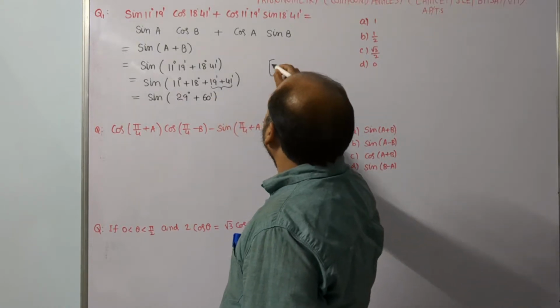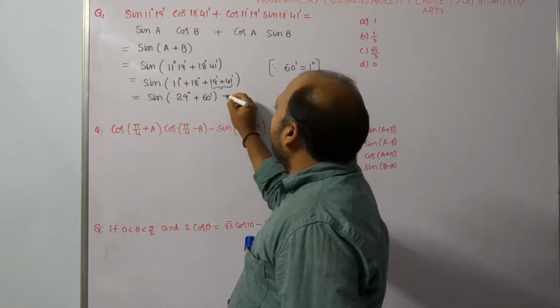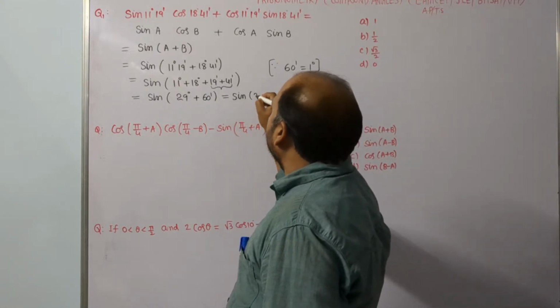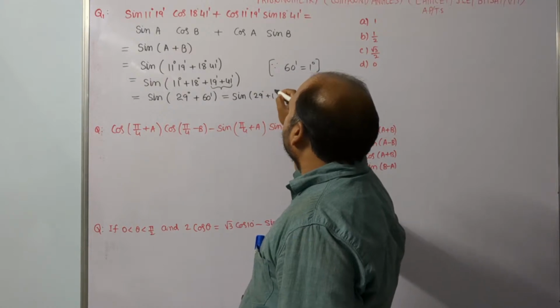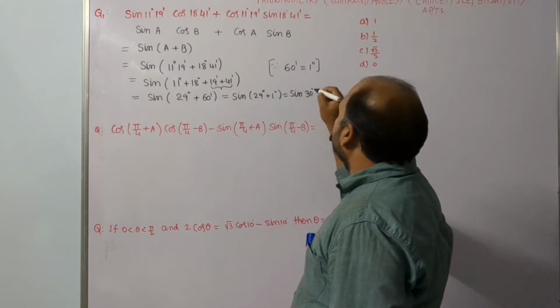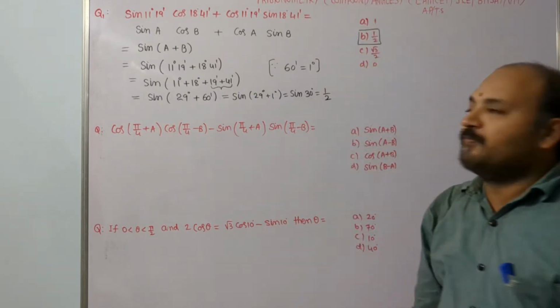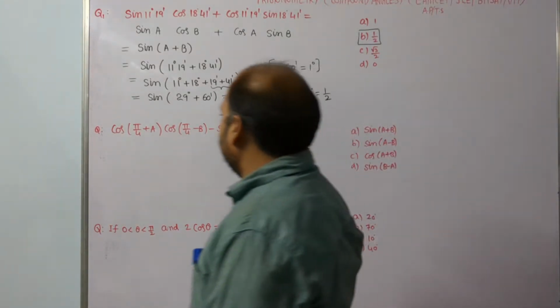You know that 60 minutes is equal to 1 degree. So it becomes sin of 29 degrees plus 1 degree, which is sin 30. The sin 30 value is 1 by 2. It is there in the second option. We will move to another question.